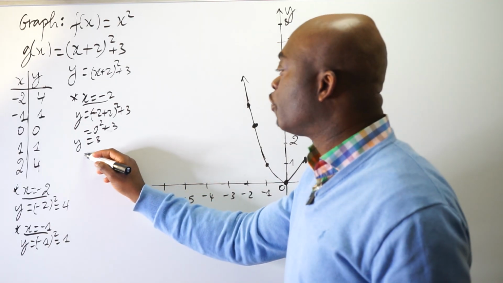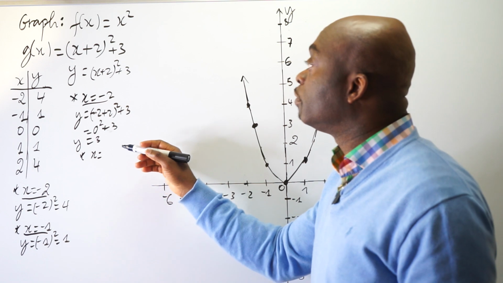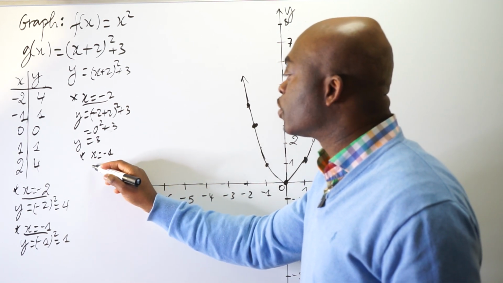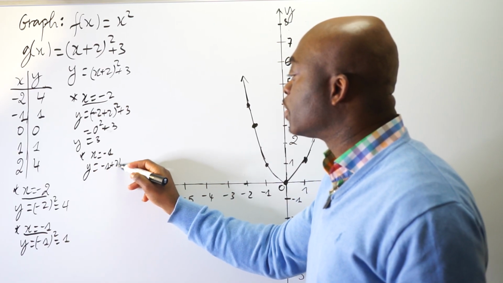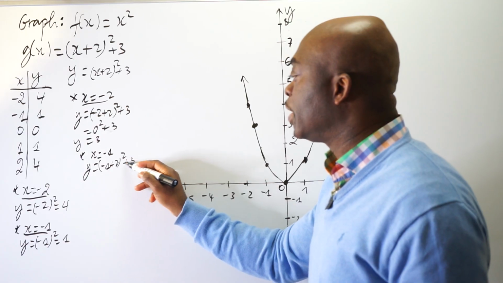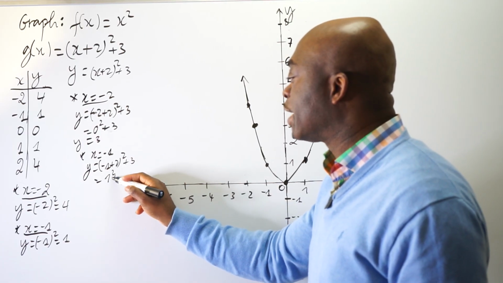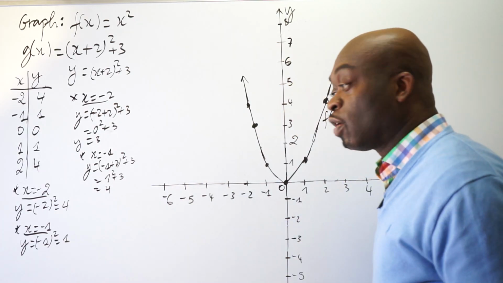And if we do one more, let's say x equals negative 1. Then y equals (-1 plus 2) to the second power plus 3. Negative 1 plus 2 is 1, and 1 to the second power is 1, and that gives you 4.